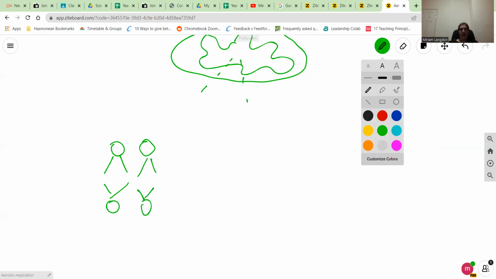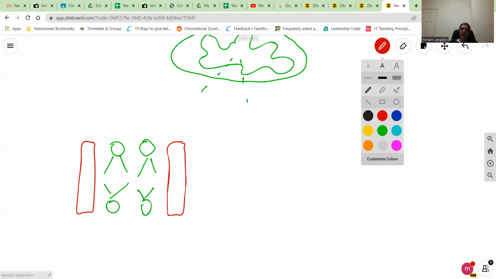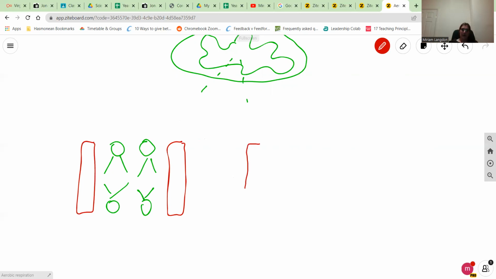But then interspersed in this membrane are some electron carriers. I'm going to put a few in, and draw some more phospholipids in so that we've got an idea of where we're sitting, like so.